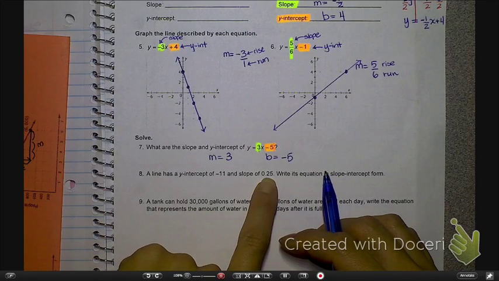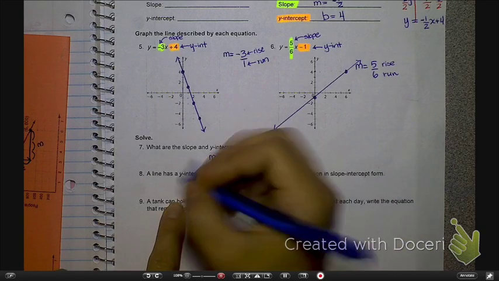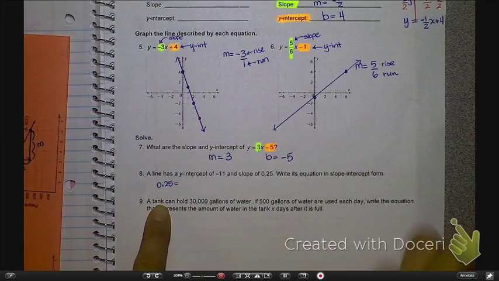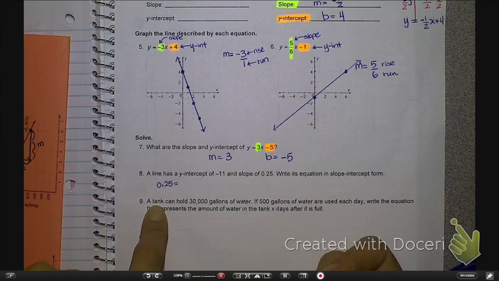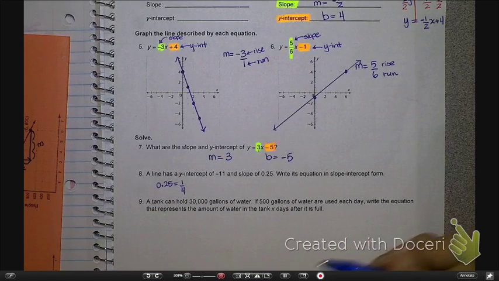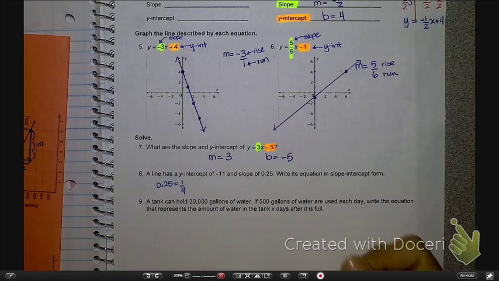So what could I do with that decimal? Can I turn it into a fraction? Yes. What is that decimal equivalent to? 1/4. Okay, so let's write the equation of my line using 1/4 instead of 0.25.